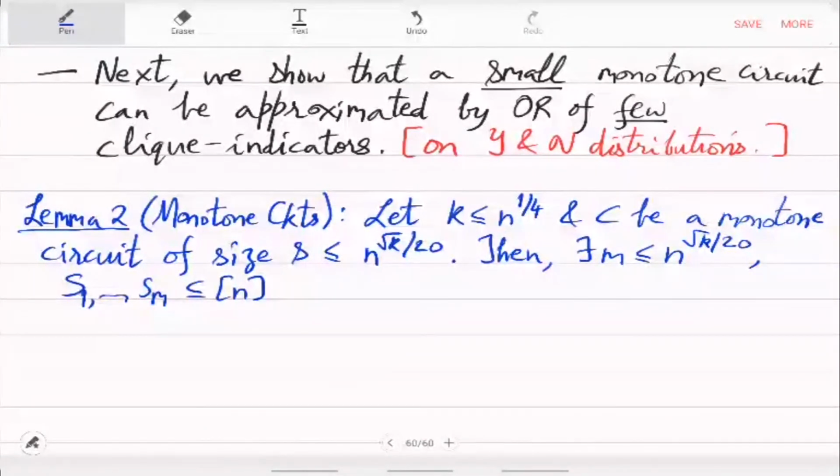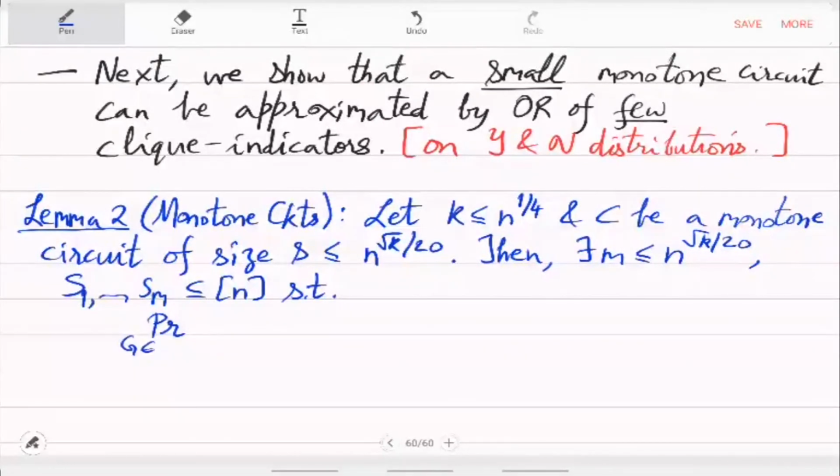And these indicators, so subsets S1 to Sm of 1 to n, such that now we will talk about success. We want to show that these indicators will approximate the monotone circuit value well. So actually the probability of success is now large.